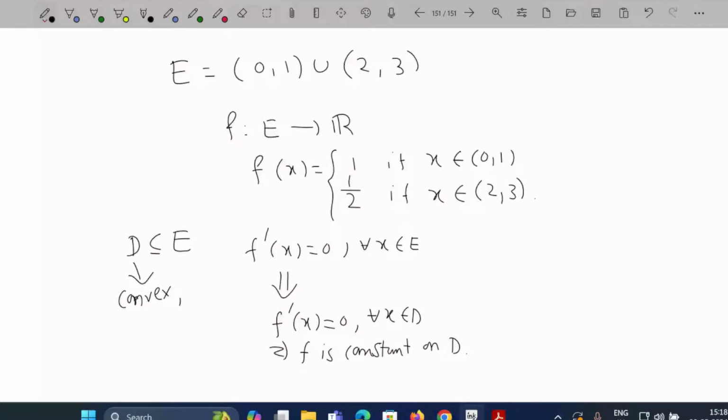In R^n, I think they are the same type of thing, because it will be path connected.